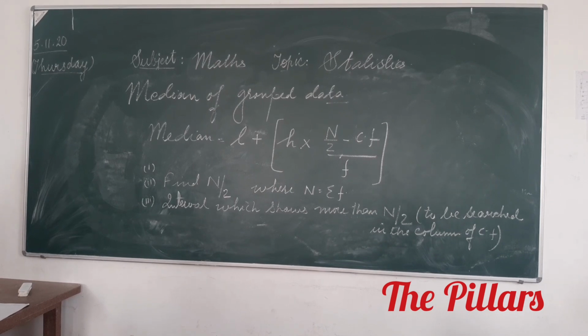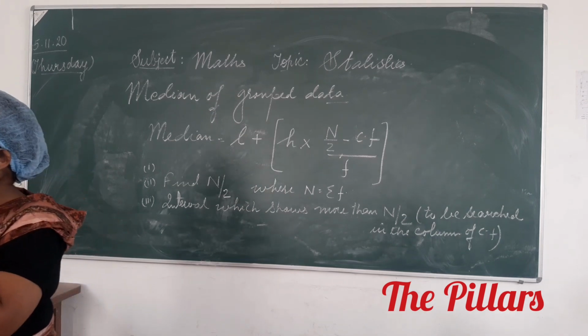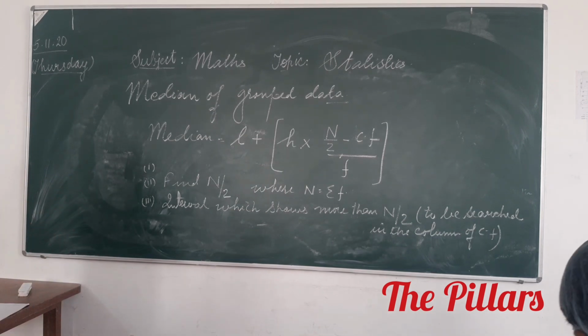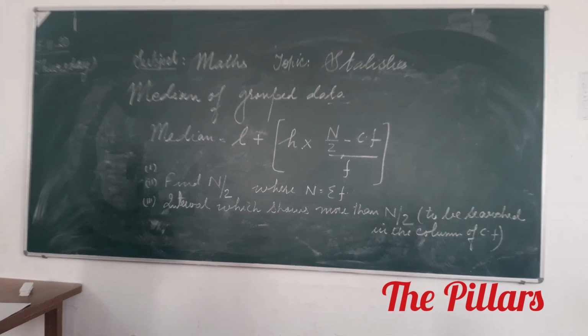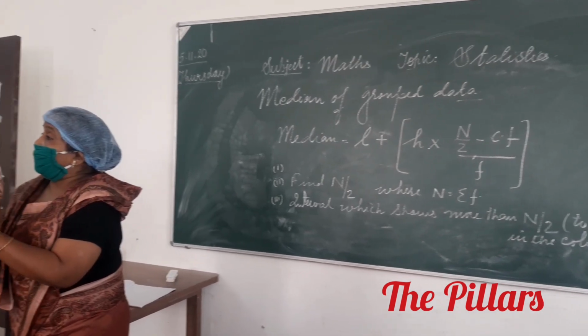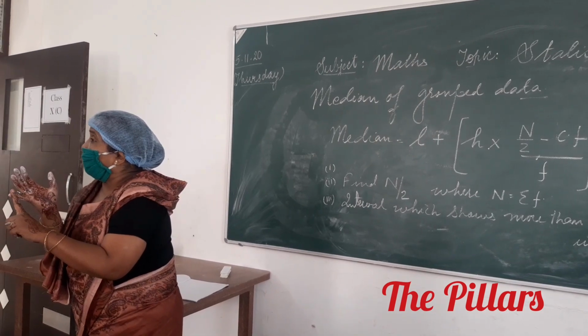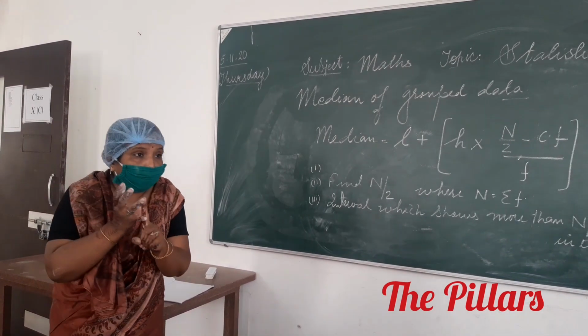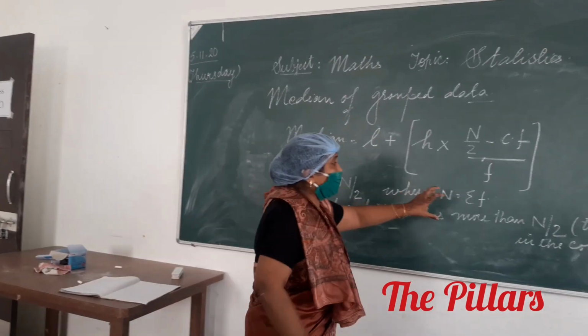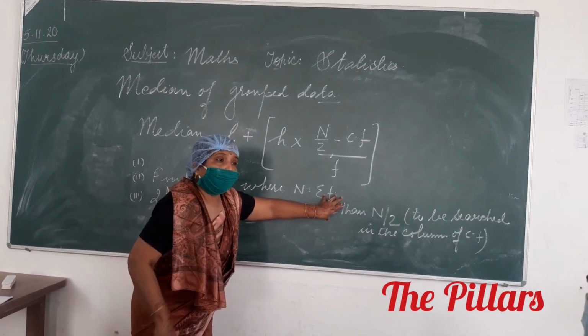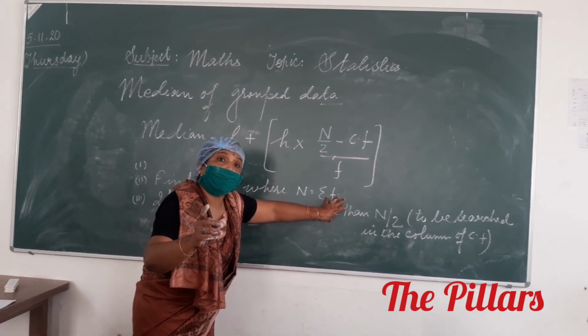Clear? Now, these things you have to remember. What is the first thing, children? Come on, all of you repeat after me. Find the median class. How will you find the median class? N by 2, where N is sigma, the sum of all frequency. Whatever N by 2 you get, now you will search the median class.